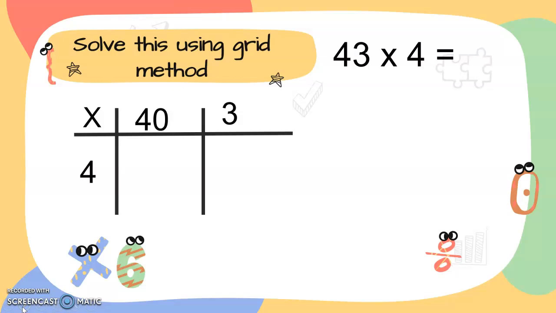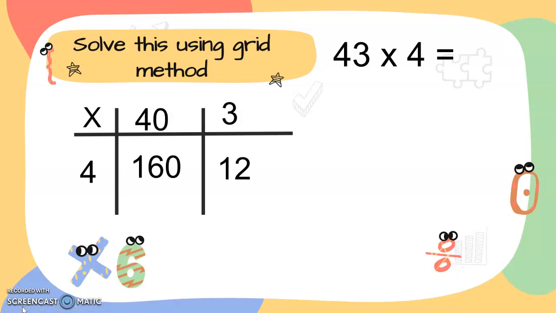We can then use times tables we already know to help us. We don't know 40 times 4, but we know 4 times 4 is 16. So we make 16 10 times bigger to make 160. We then complete 4 times 3, which is 12.